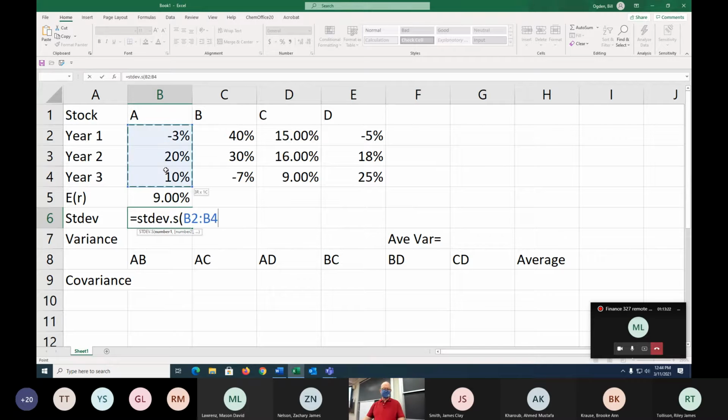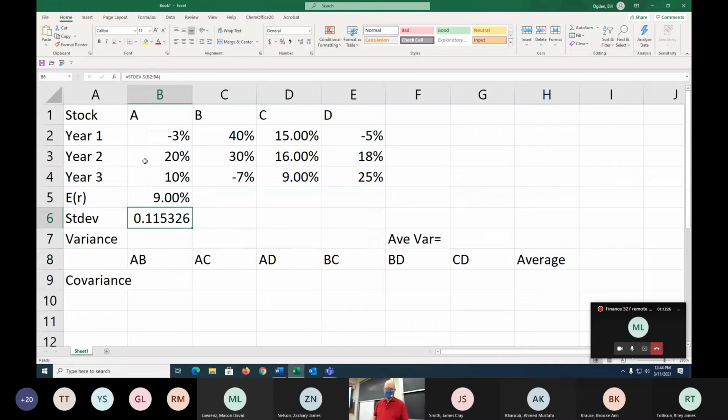And we'll highlight the returns. Okay, and let's go with percent format. Okay, and then the variance is just the standard deviation squared. So we'll go up 1, and we'll square it, caret 2.